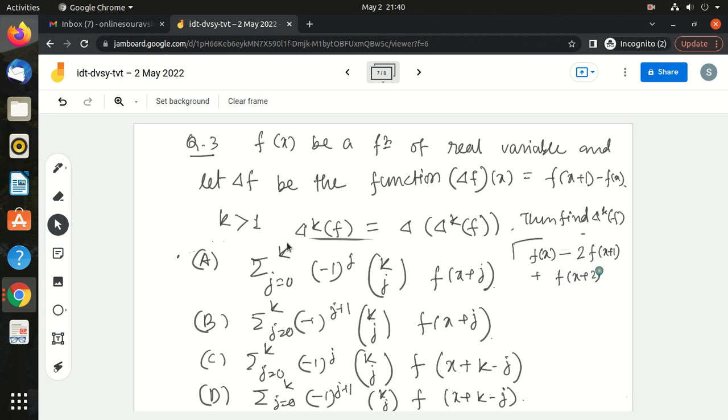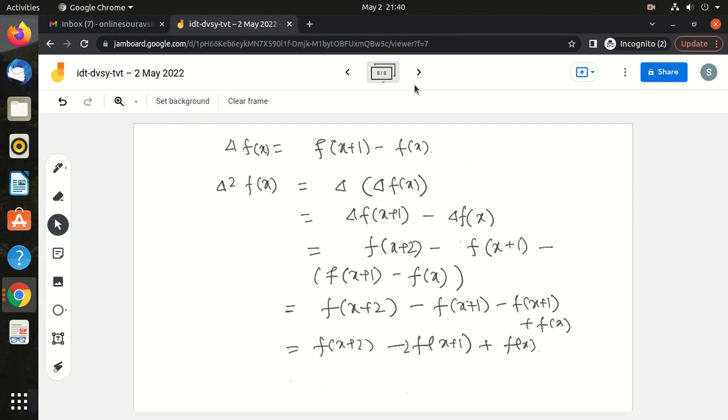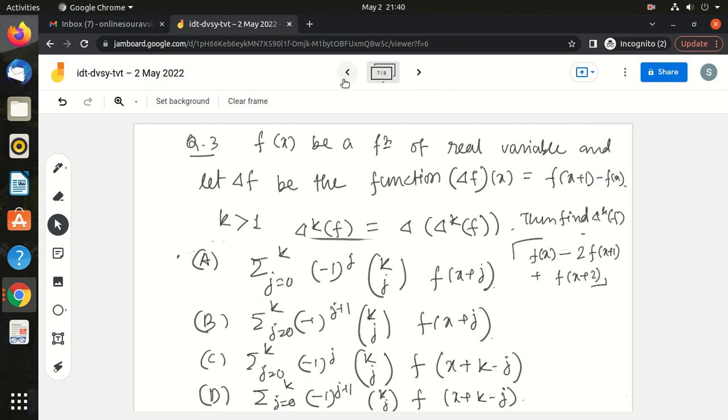So this meets it. I cannot say this is right or wrong, but I cannot conclude anything.